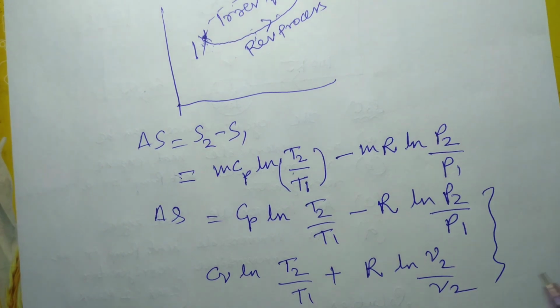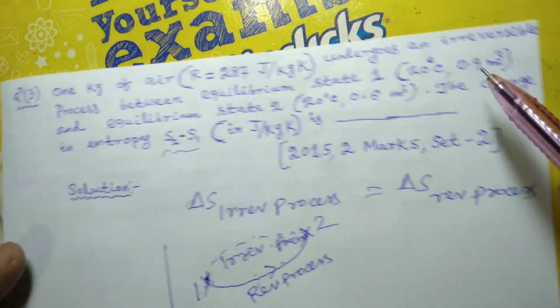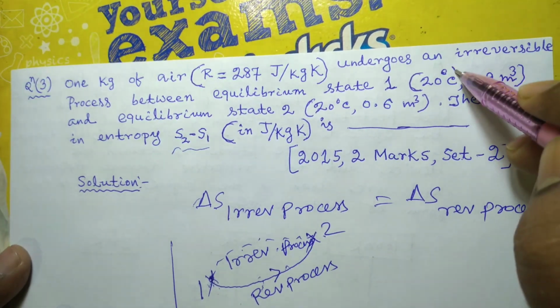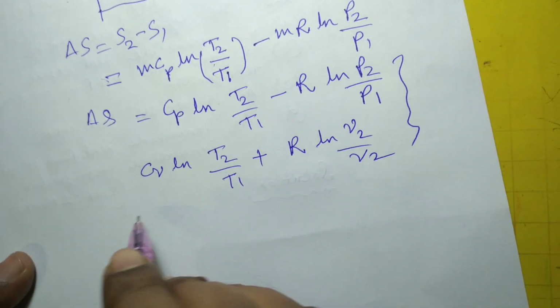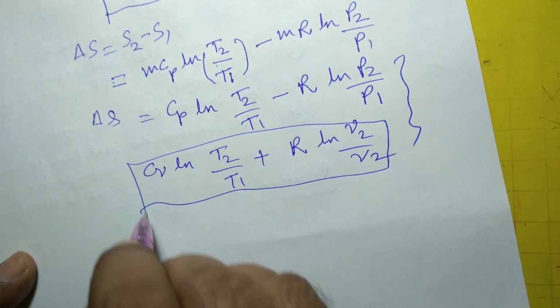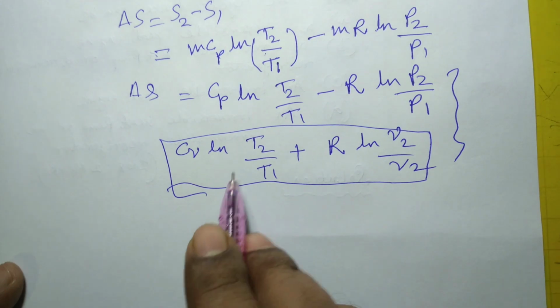Out of these two formulas, any one can be used, but since the equilibrium states are defined in terms of temperature and volume, we will definitely use this formula. It will be convenient.